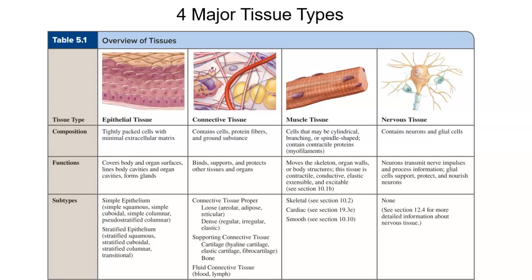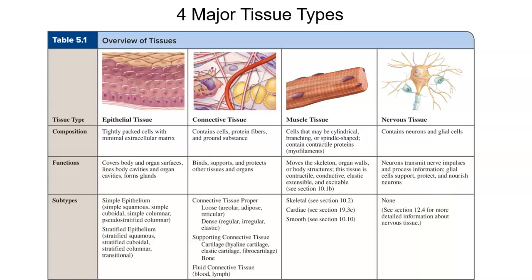So nervous tissue is responsible for control, communication, and coordination. So if you look at this cell right here, this is a neuron, which is the main type of cell in nervous tissue. These are going to be able, with all those branches coming off the cell, to communicate, control, and coordinate things with many other cells in many different types of tissue. All right, that's your overview.